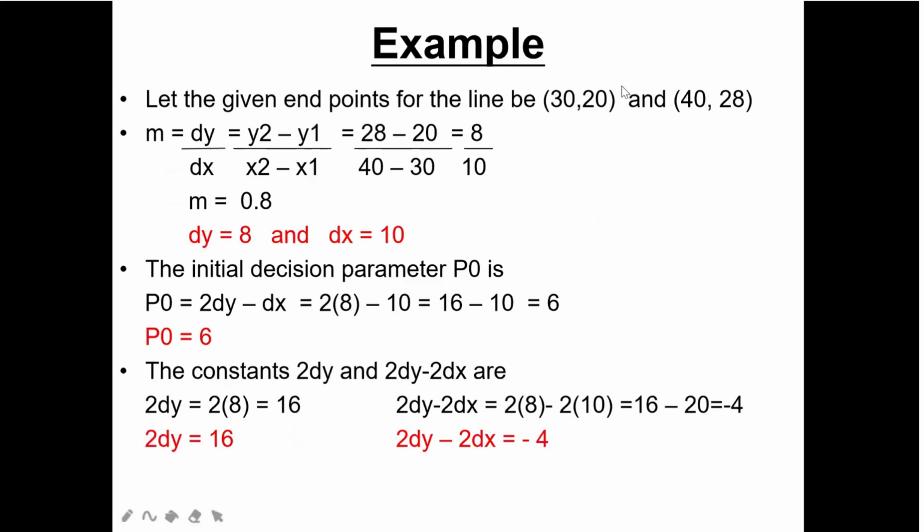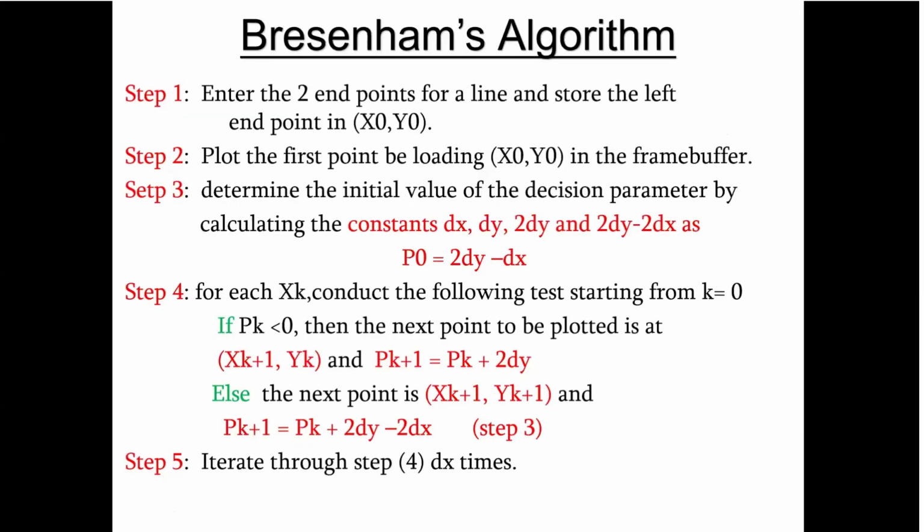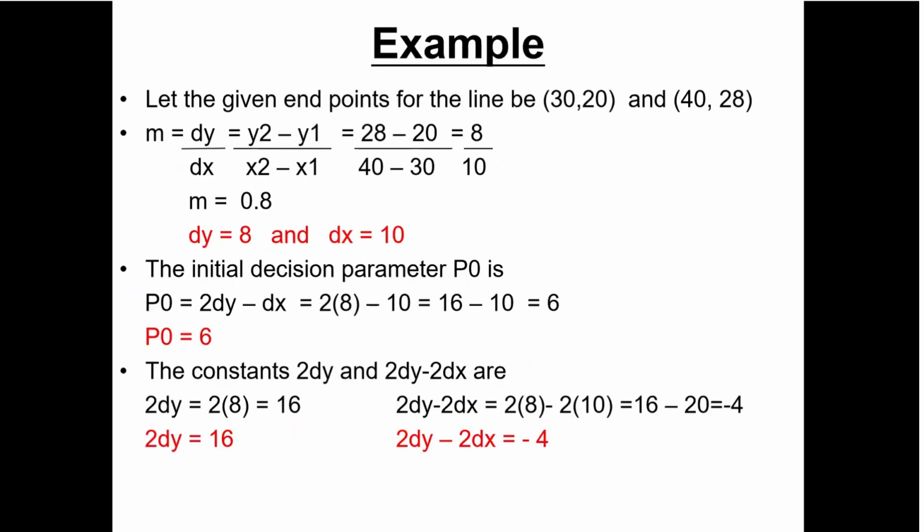The first endpoint is 30, 20 and the second endpoint is 40, 28. As I told you in the first step, you load your first point in the frame buffer, considering it as x0, y0. So here you can see I have kept my first point like this, 30, 20, and I start the process in this way.